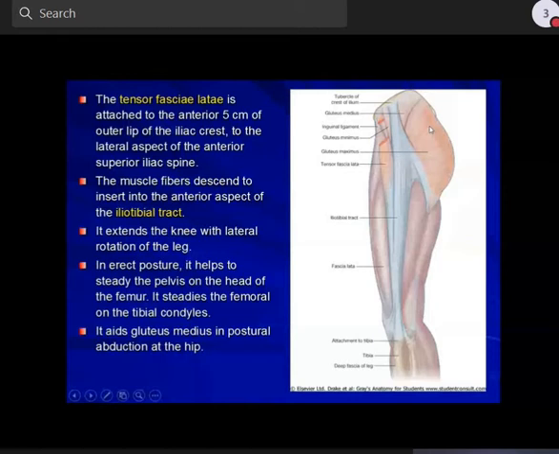This means the iliotibial tract inserts onto the lateral tibial condyle to Gerdy's tubercle. Gerdy's tubercle refers to the insertion of the iliotibial tract.